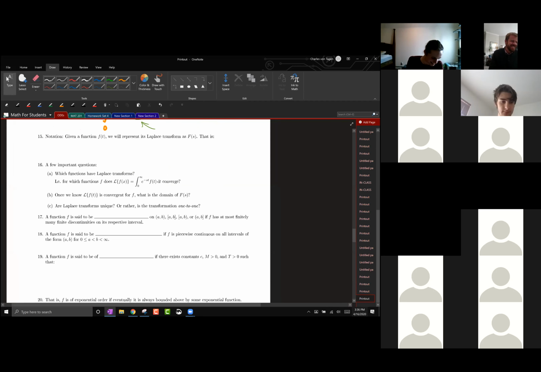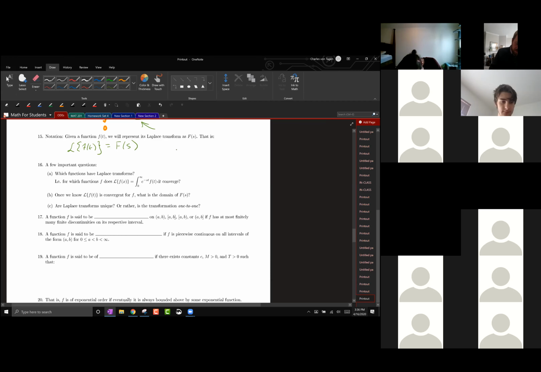All right, folks. Let's go ahead and talk about this notation here real quick. So instead of writing the Laplace transform of f of t, because it's always giving us some expression in S space, we're going to represent it by capital F of S. Okay.